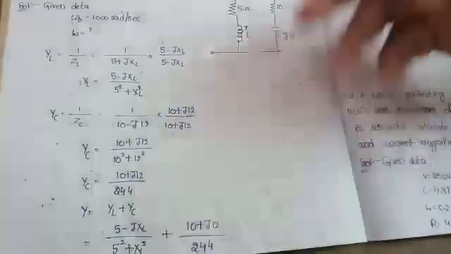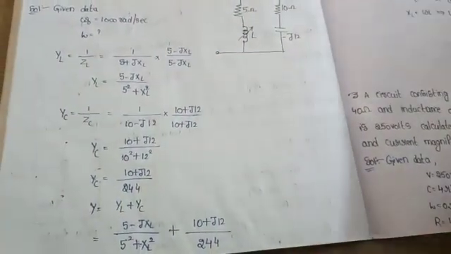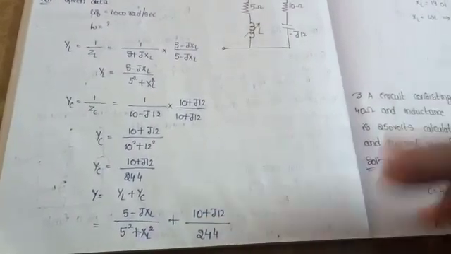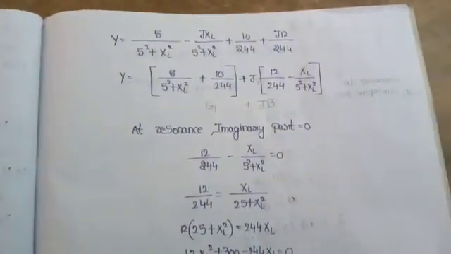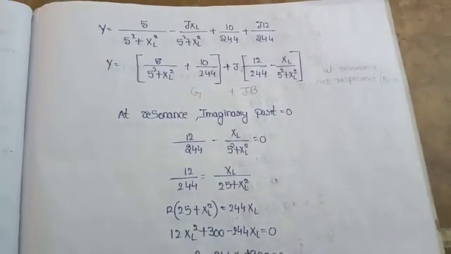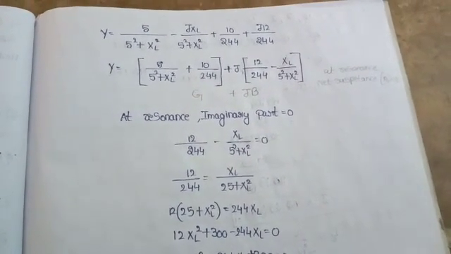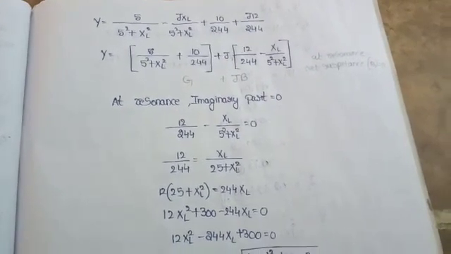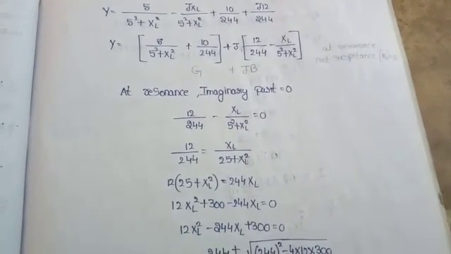Now the total admittance Y is equal to YL plus YC. Adding and separating the real and imaginary parts, the real part is 5 by 5 square plus XL square plus 10 by 244, and the imaginary part is j times 12 by 244 minus XL by 5 square plus XL square.